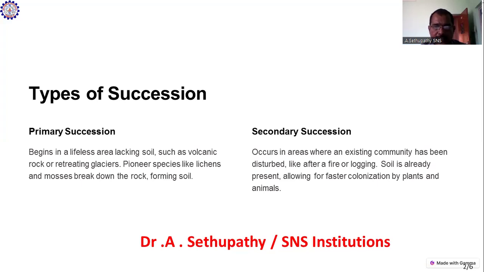Then secondary succession occurs in areas where an existing community has been disturbed, like after a fire or logging. Soil is already present, allowing for faster colonization by plants and animals. So in secondary succession, there is already an existing community.